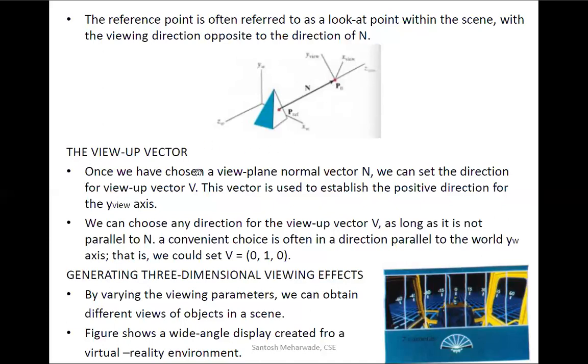Next, the view up vector. Once we have chosen the view plane normal vector n, we can set the direction for the view up vector V. This vector is used to establish the positive direction of the y view axis. In the view up vector with x, y and z, y should always be 1.